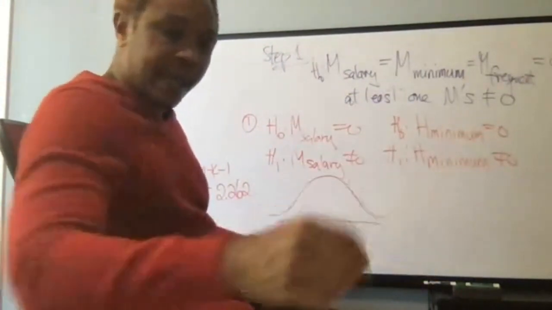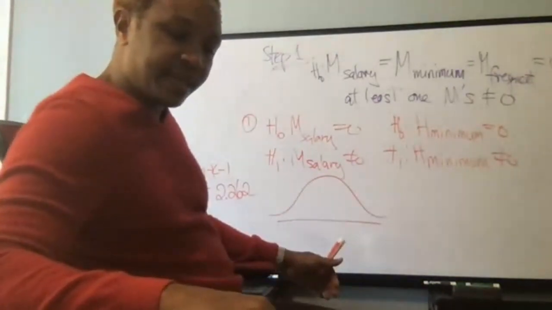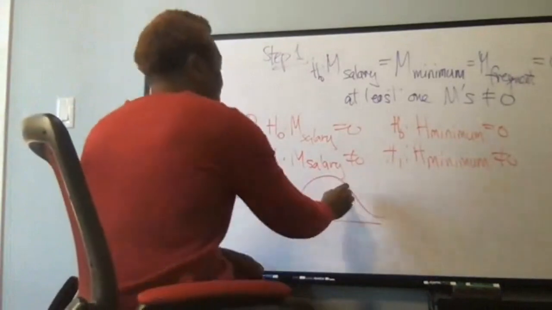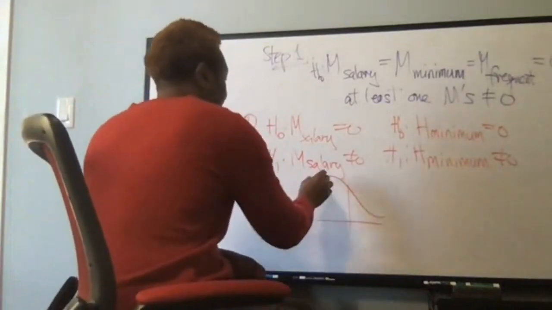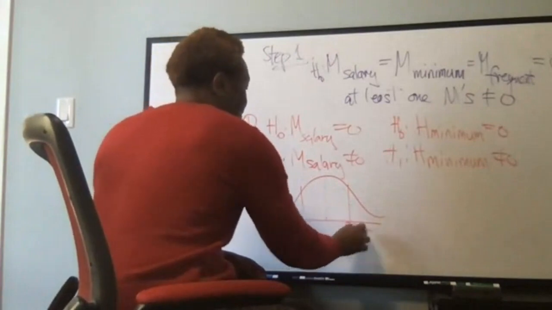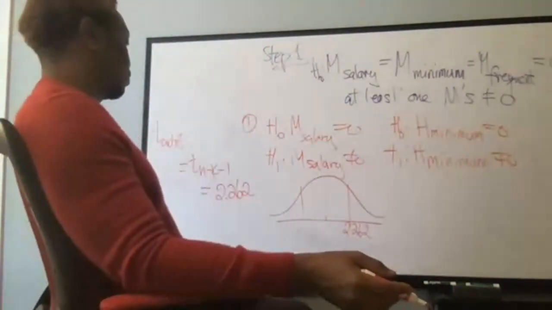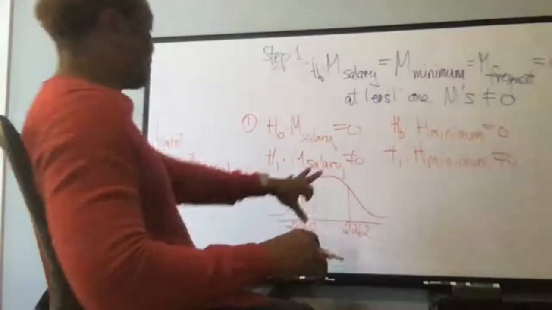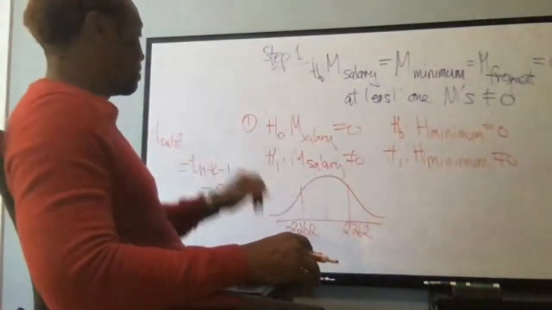That's very good, Armani. In this case, that gives us 2.262. And so our two cutoff values are 2.262 and what? Negative 2.262. Very good, because they're going to make us have two rejection regions.